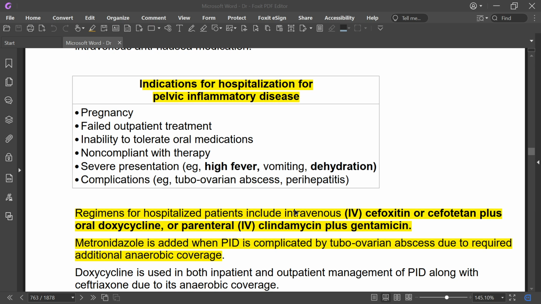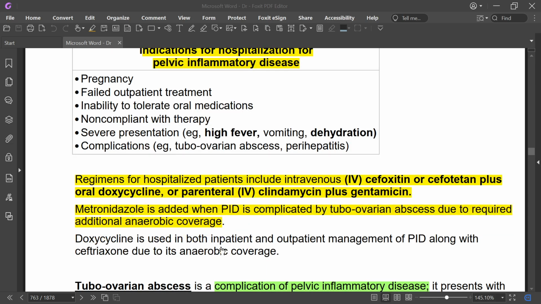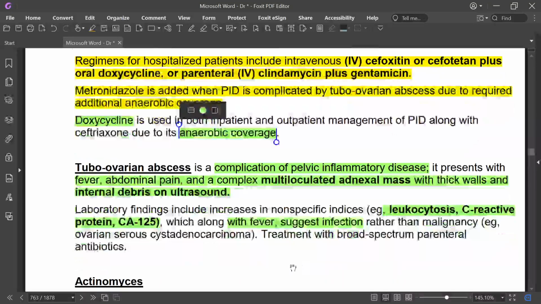Regimens for hospitalized patients include IV cefotaxime or cefoxitin plus oral doxycycline, or parenteral IV clindamycin plus gentamicin. As we know, doxycycline has anaerobic coverage, so doxycycline is enough. But if we think there is a tubo-ovarian abscess, for that coverage we should add metronidazole.